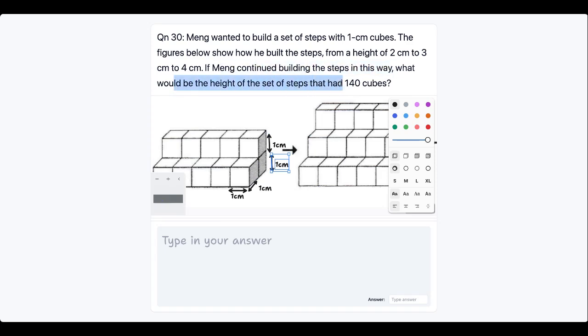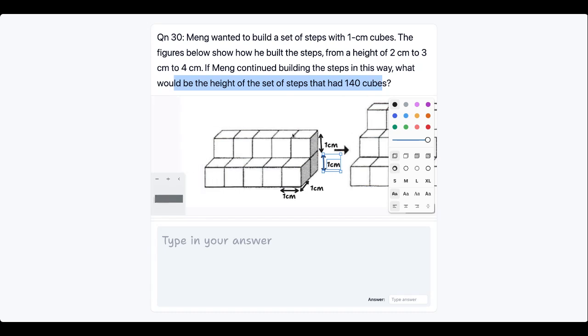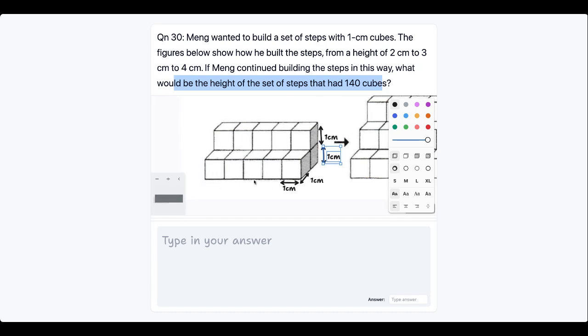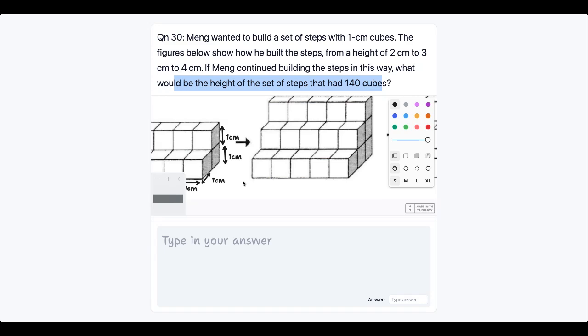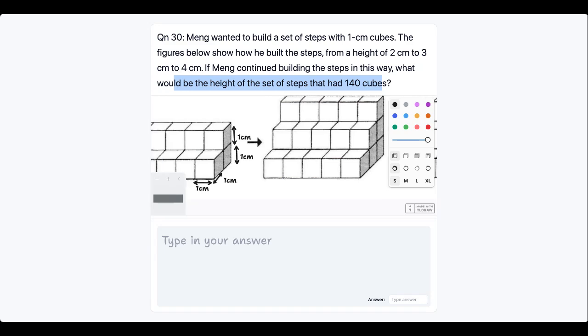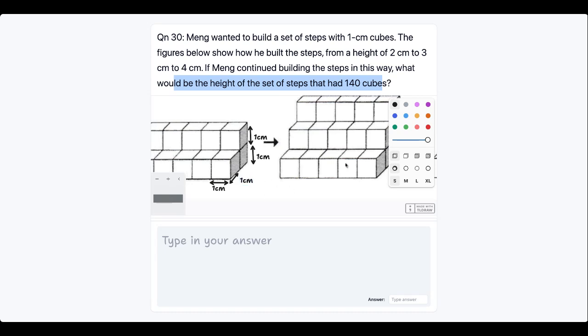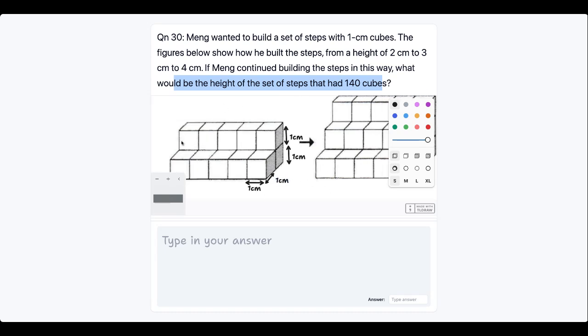What will be the height of the set of steps that has 140 cubes? That's what you see over here. Okay. So we should know how many cubes we add, right? So at first, how many cubes can we literally count? One. So let me just put 1, 2, 3, 4, and 5. Okay. So we have 5 cubes, right?